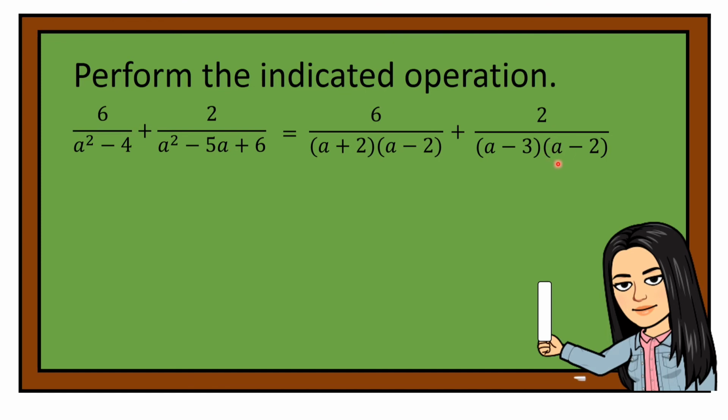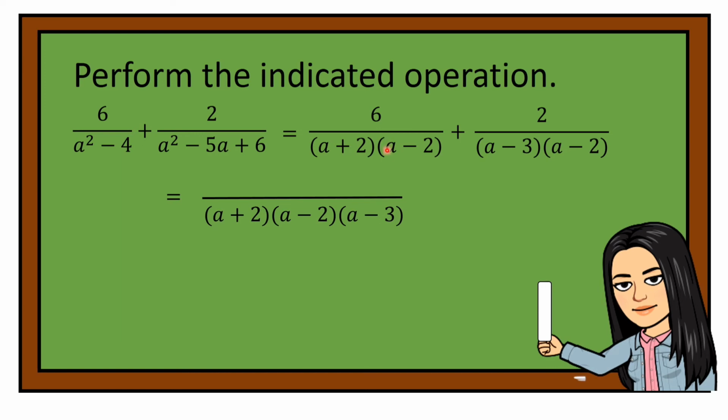Next, we can now get the LCD. And the LCD is a plus 2 times the quantity a minus 2 times the quantity a minus 3. So we get the factors of these two denominators. So we considered both factors. And then, after getting the LCD, divide the LCD by the first denominator.